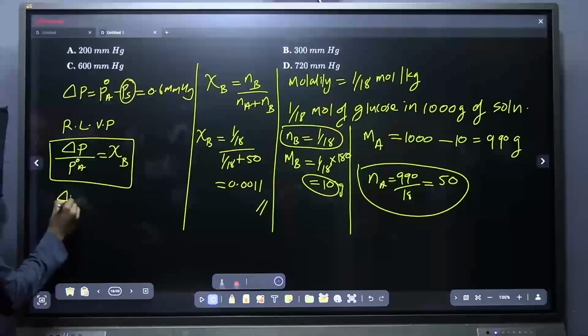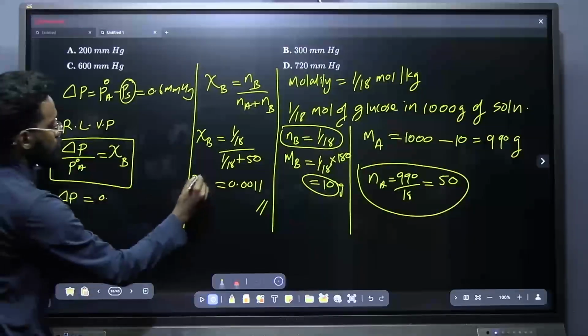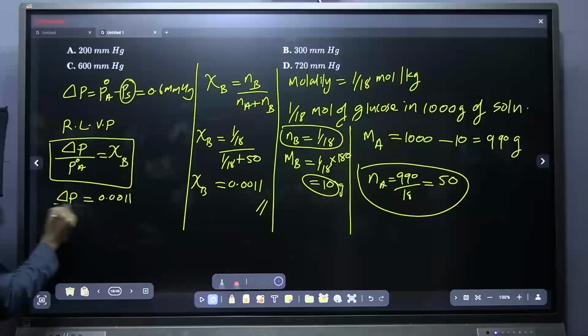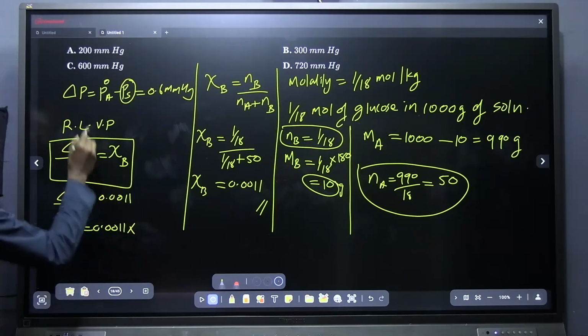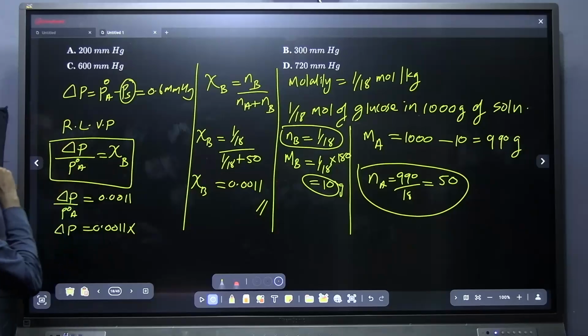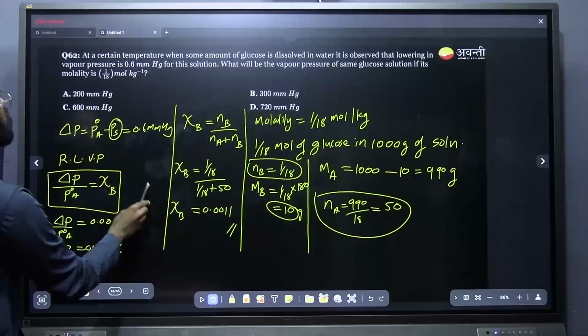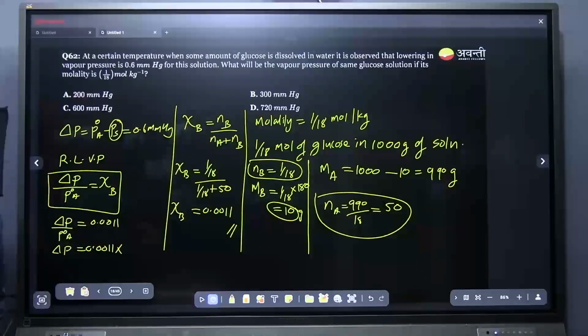Delta P by P naught A is equal to Chi B, that is 0.0011, so delta P is 0.0011 into P naught A. Is the P naught A value given in the question?